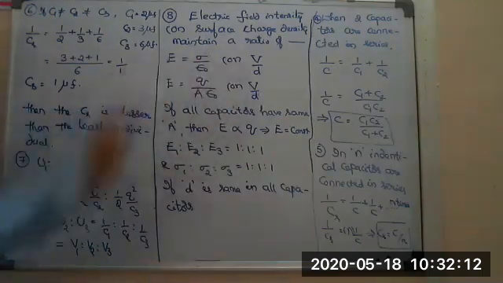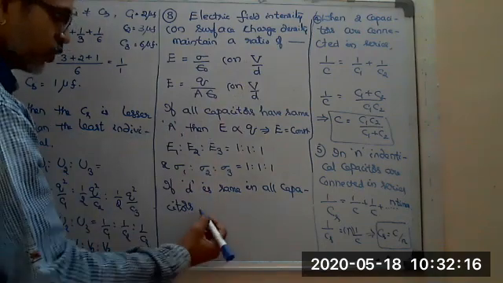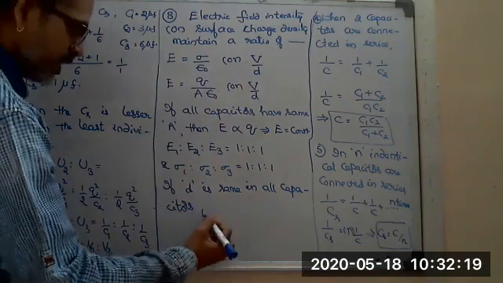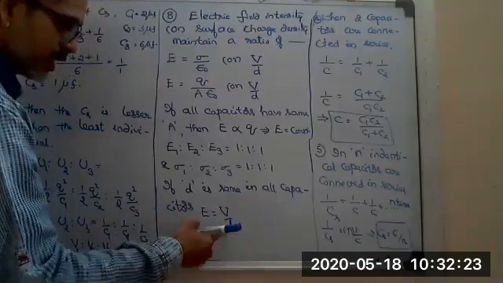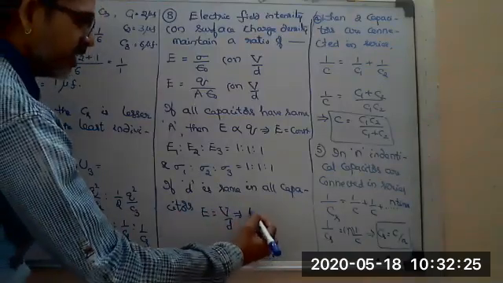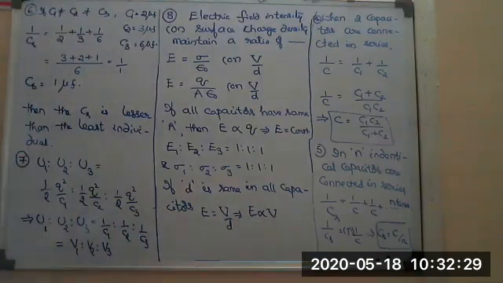Come to this question: E is equal to V by D. D is given as constant, Nana. I can write E is directly proportional to V. In series, V is not constant. What is the ratio of V here, Nana?